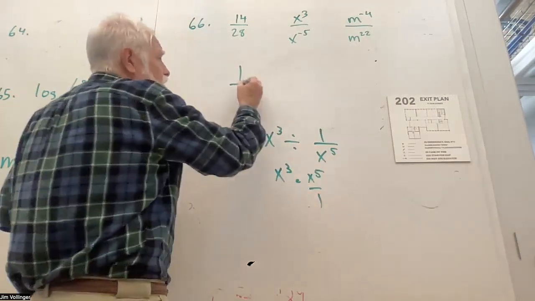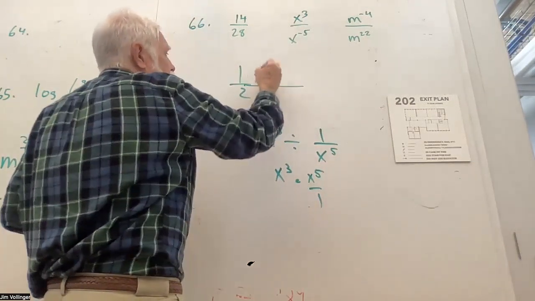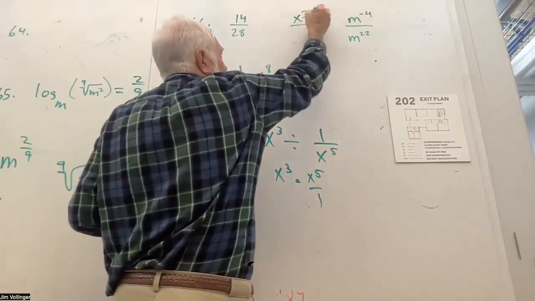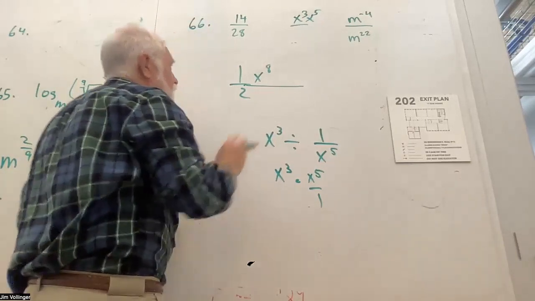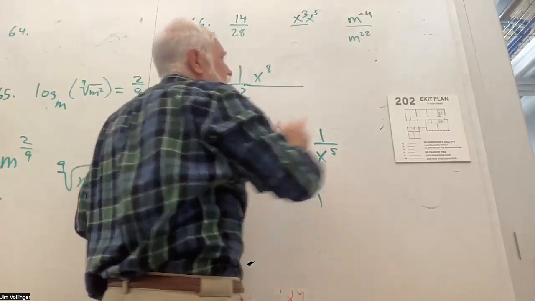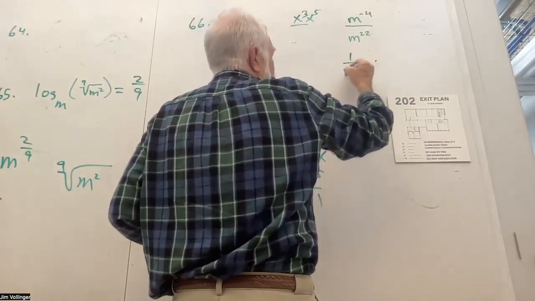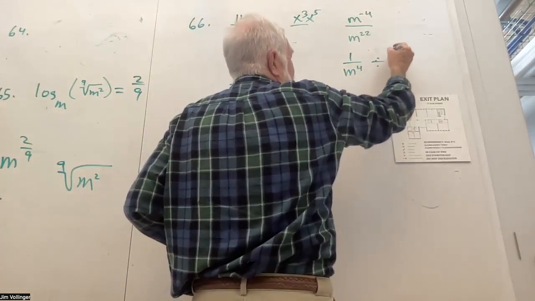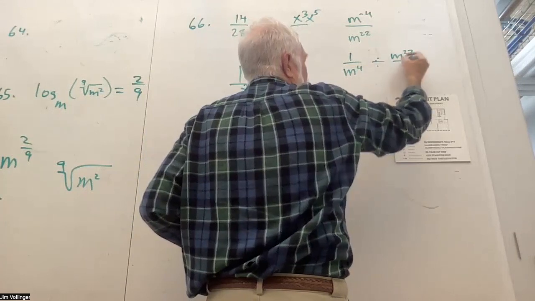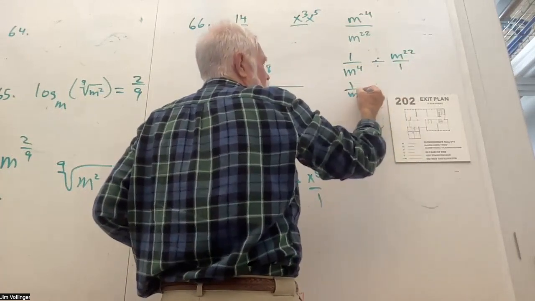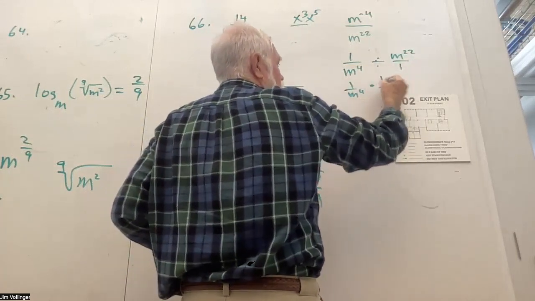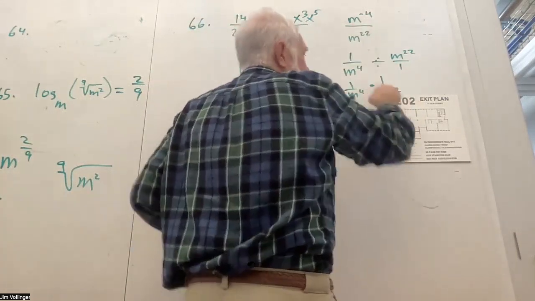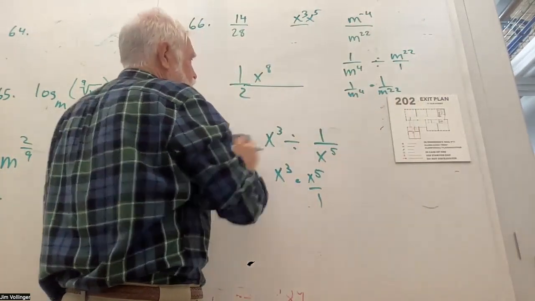So that becomes x to the 8th. So what's the shortcut? Where there's a negative, you can rewrite it as a positive. Same thing over here, where there's a negative, which is really 1 over m to the 4th, is getting divided by m to the 22 over 1. That's the same thing as 1 over m to the 4th times 1 over m to the 22. So I hope we can see 26 in the denominator.